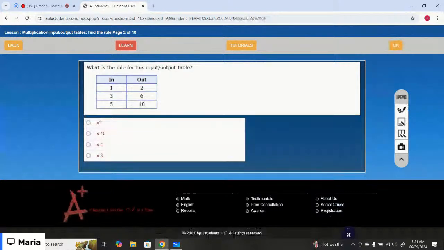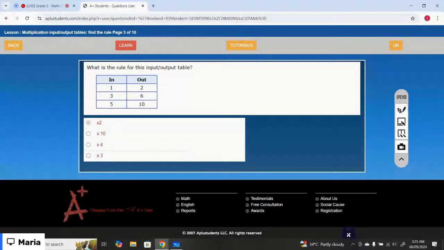What is the rule for the input output table? So which is the correct option? 2 is the correct option, right?